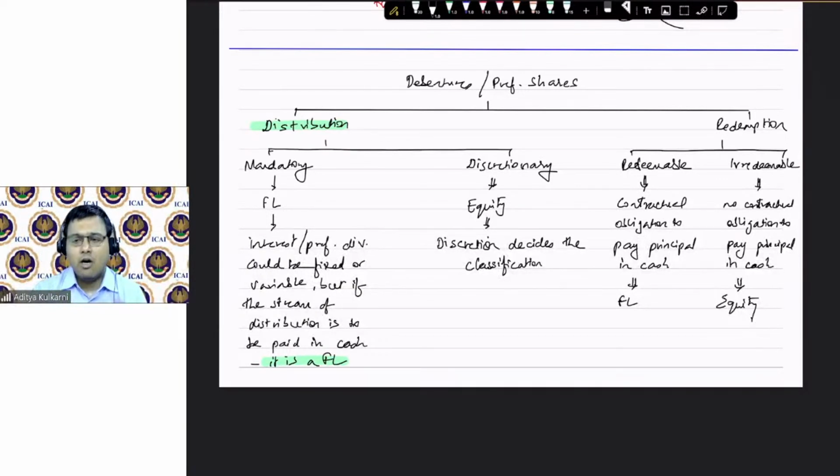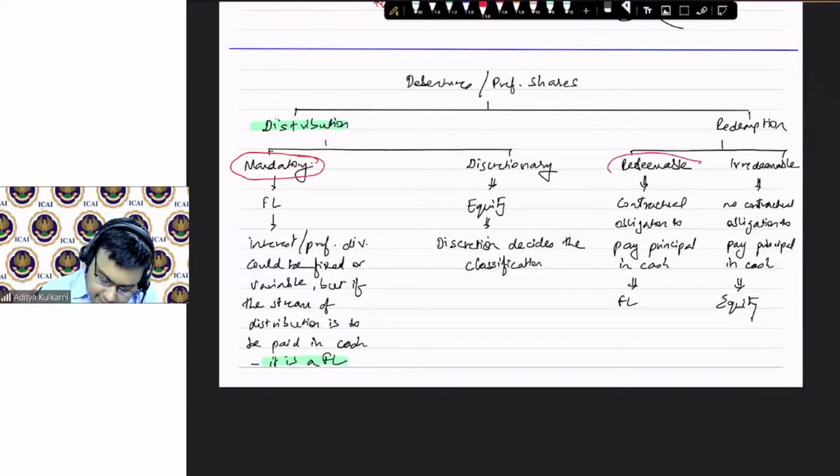Now I could have an instrument with any of these combinations. I could have an instrument which is mandatory distribution and redeemable.